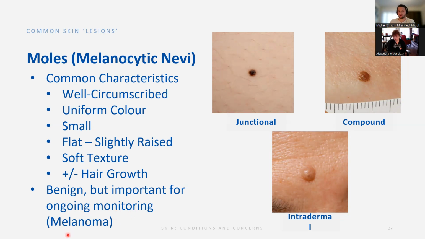However, sometimes the early presentations of a melanoma can look like a mole. So it's important to have ongoing tracking and monitoring of these lesions and how they might change over time, because that can be really important for the monitoring of skin cancers. However, if they have this appearance and stay like that over time, you don't really have any reason for concern. But as always, as we mentioned at the start of this lecture, and I will keep repeating, speaking to a healthcare professional is the best thing.